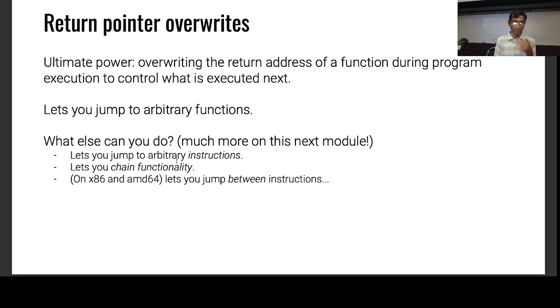Some of the techniques that the advanced modules will cover would be, for example, chain functionality and return oriented programming. All would involve proper handling of the placing of the return address, and that's because of the unsafe handling of the memory and the buffer.